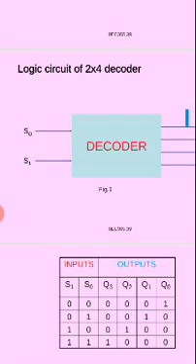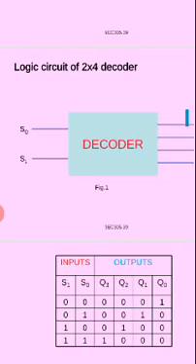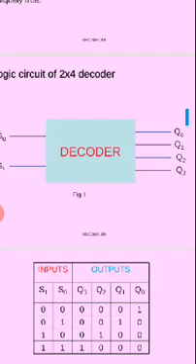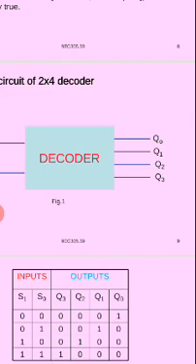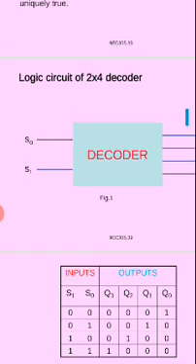Here are the decoder input lines and output lines. Decoder is taking 2 input lines and giving 2 power 2, that is 4 output lines. It is a diagram of decoder, that is 2 to 4 decoder or 2 into 4 decoder or 2 by 4 decoder.